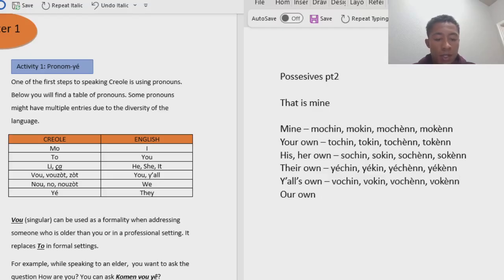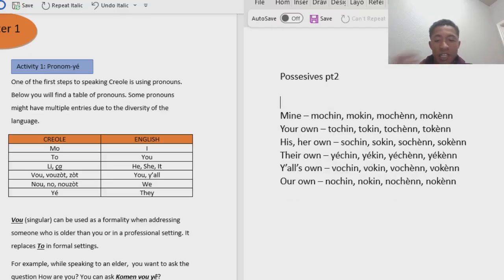And for the last one, chan, okay, chan. So as you can see, it follows the exact same format. You really don't have to do any real thinking about it. And all of these are used almost in the exact same way as you would use them in English.